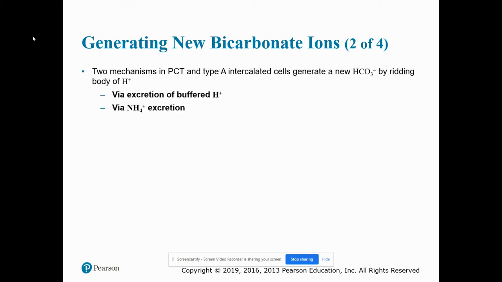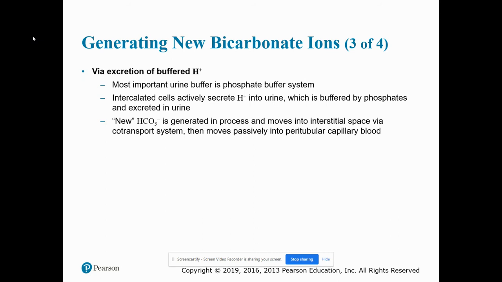There are two mechanisms in the proximal convoluted tubule and type A intercalated cells that generate new bicarbonate by ridding the body of hydrogen ions. This is via excretion of buffered hydrogen ions or via ammonium excretion. So first we look at excretion of buffered hydrogen ions.